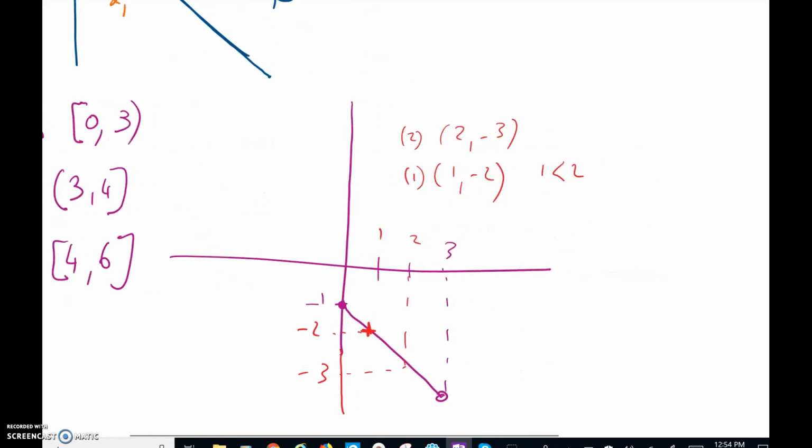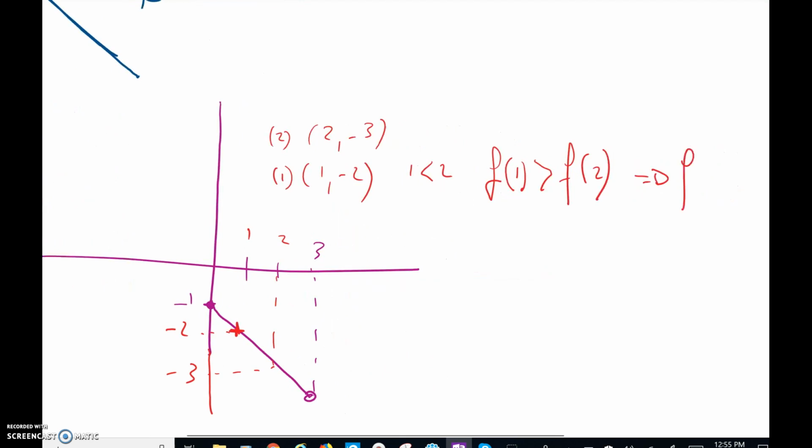But f of x1 is greater than f of x2. That means it's decreasing. So you proved that it was decreasing on this interval. That implies my function is decreasing. You okay? We understand that a lot better.